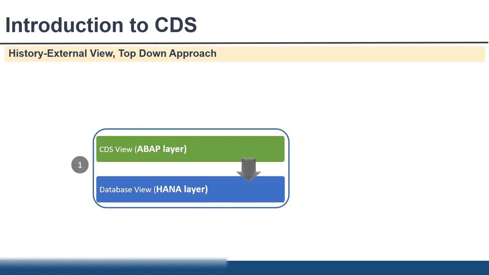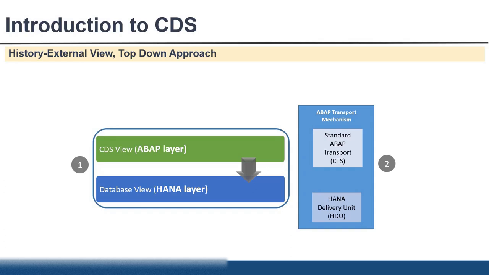For the transport as well, since everything is generated, we really don't need to bother about the HANA transport container and the delivery unit. Only the standard SAP ABAP transport mechanism takes care of transporting everything.